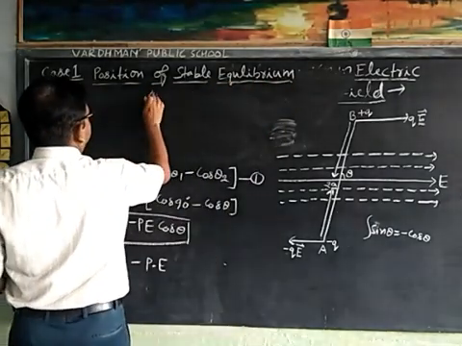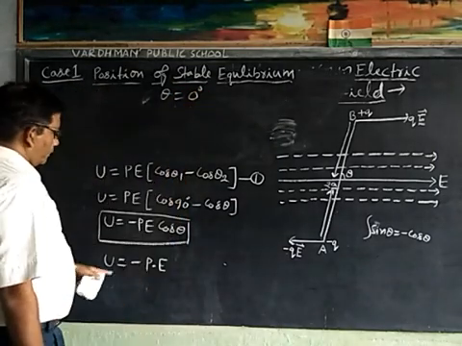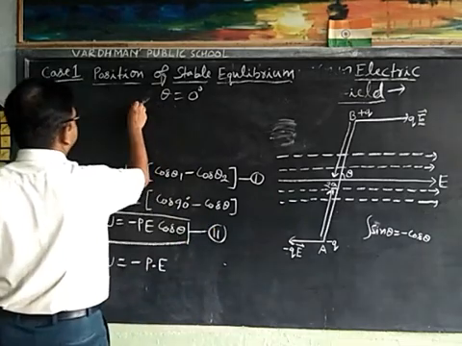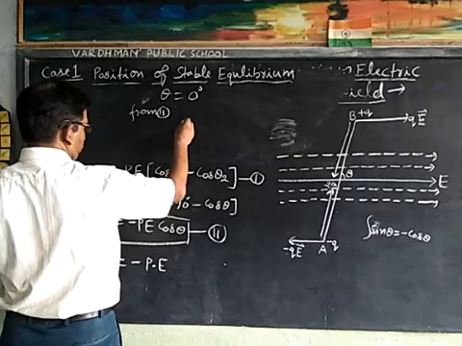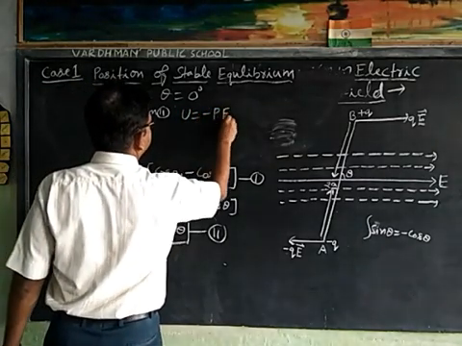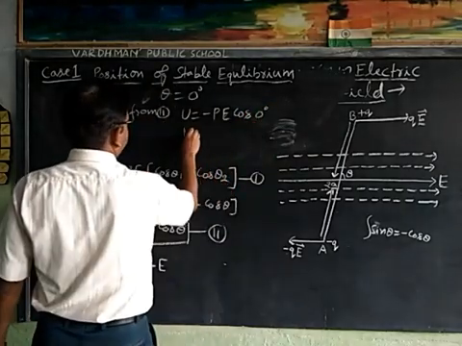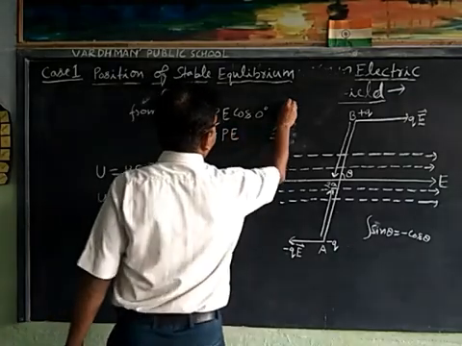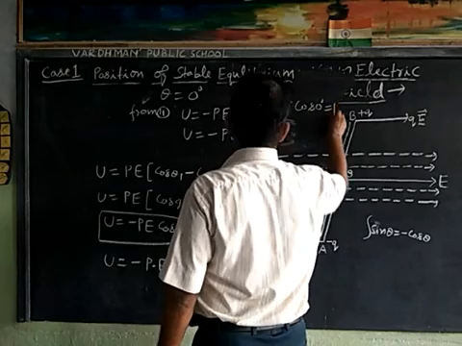Let theta is equal to 0. Then from the second equation, U is equal to minus PE cos 0, that is U is equal to minus PE, because cos 0 is equal to 1.